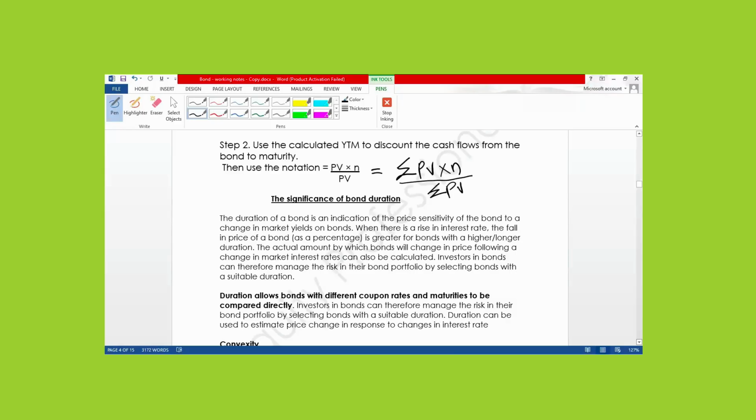Duration allows bonds with different coupon rates and different maturity periods to be compared for investment selection.